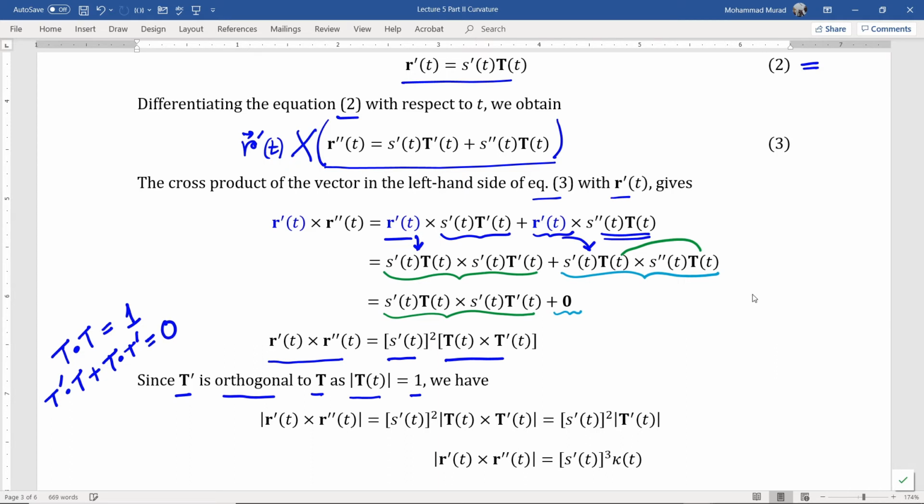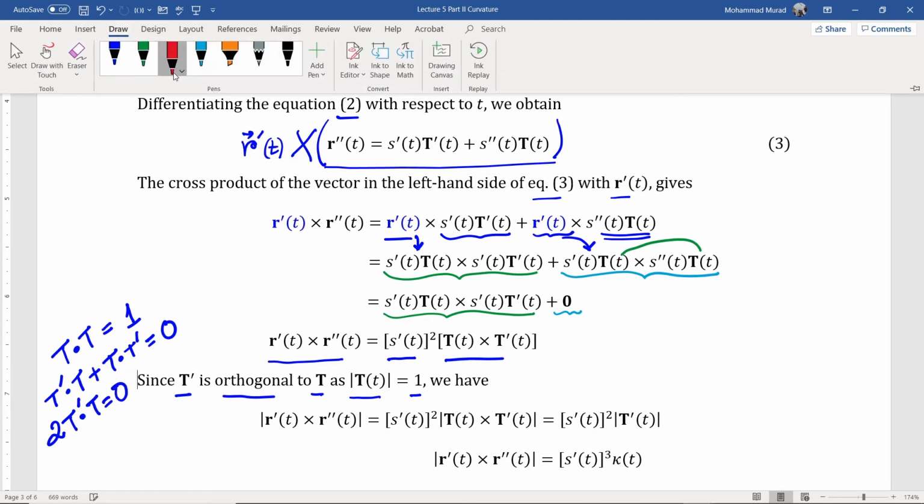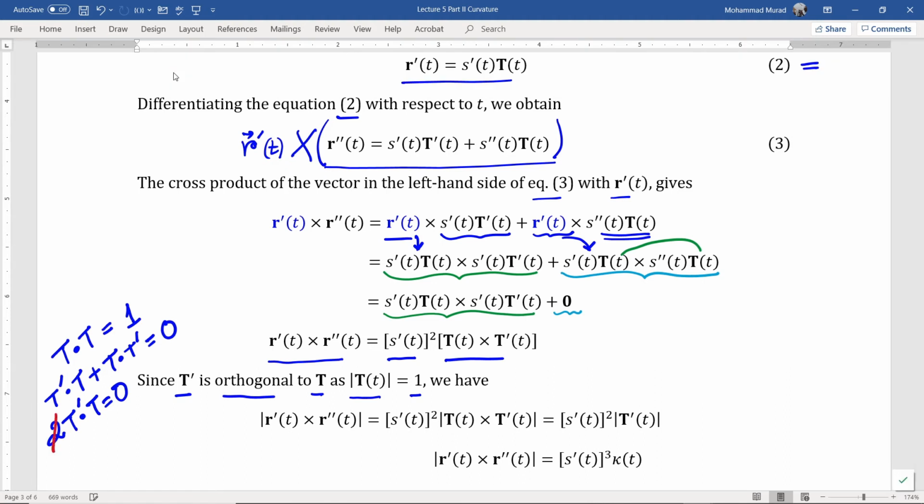Or, since the dot product commutes, we have 2 t prime dot t equals 0. Or by cancelling 2, we get the dot product of t prime with t is 0. So t must be perpendicular to the vector t prime.